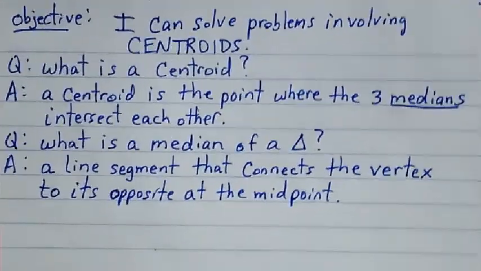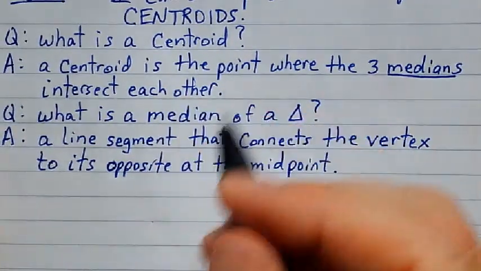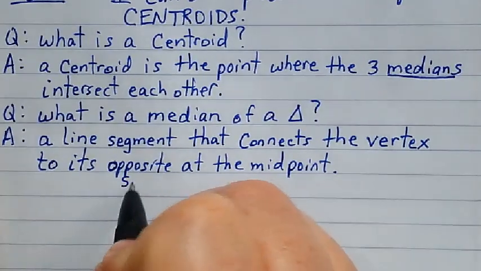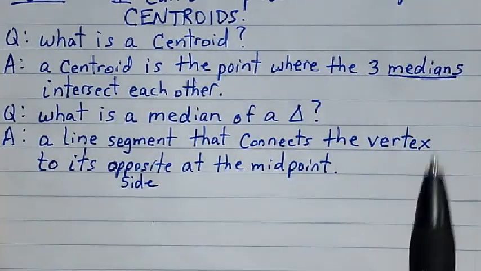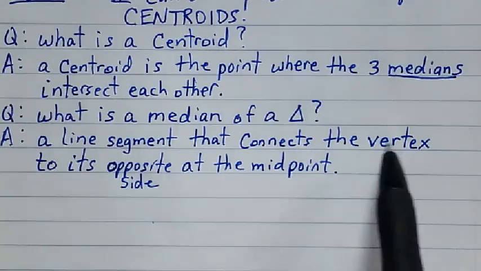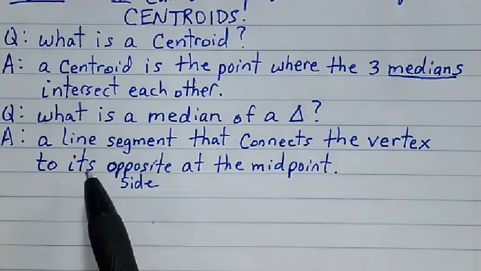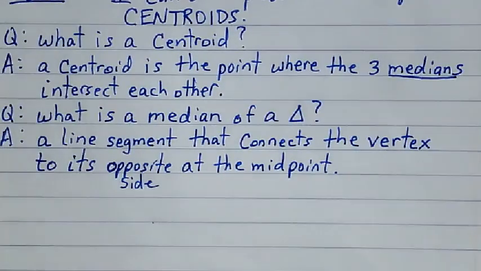It connects a vertex to the midpoint of the opposite side. So it's a line segment that connects a vertex to the opposite side at the midpoint. Oh, I left the word side. Sorry about that. It's a line segment that connects the vertex to its opposite side at the midpoint, or you could say to the midpoint of the opposite side.